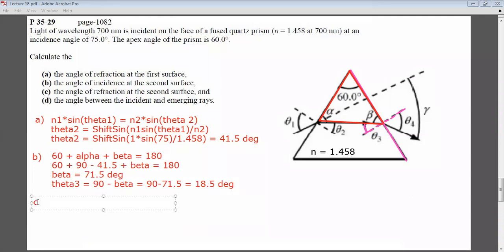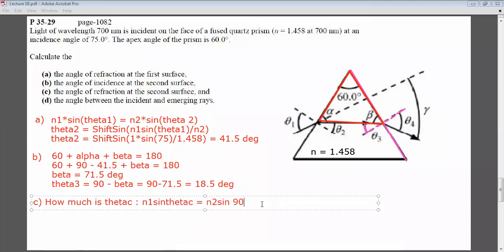Part C, the angle of refraction at the second surface. If they didn't tell me to find the angle of refraction at the second surface, I would have done it the long way, and that's how I did it in the solution. First, I calculated theta critical by applying N1 sine theta critical equals N2 sine 90, because we know that the refracted angle will be 90 degrees.